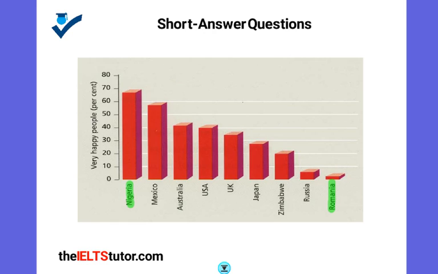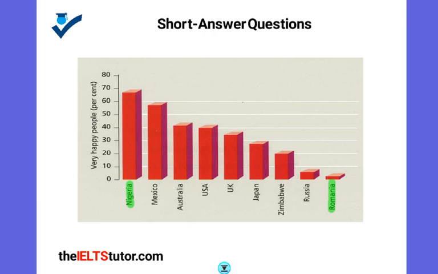So what can you tell me about Romania? If you say that Romania has the lowest percentage of very happy people, you are right. Give yourselves a pat on the back, because that is exactly what you should have written down. Let's talk about this in figures. You can see that less than 5% of the population are very happy as compared to Nigeria.